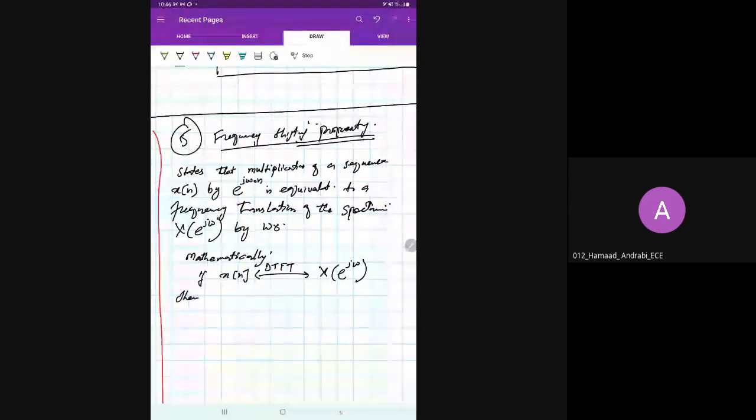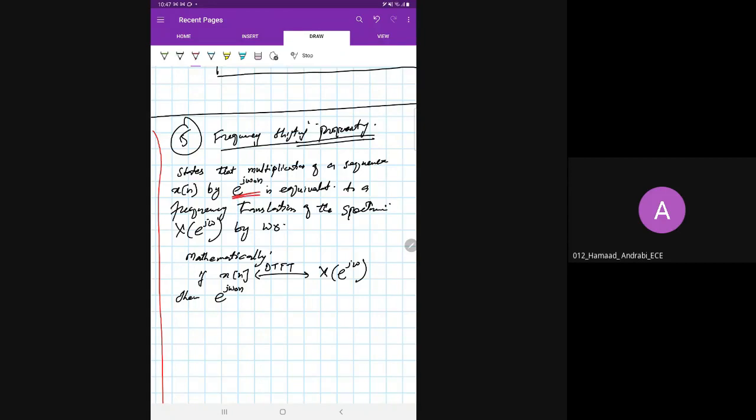Then if we multiply x of n by e raised to the power j omega naught n, which is to be multiplied with the input signal, then if we take the discrete time Fourier transform of that signal, its Fourier transform will be X of e raised to the power j, but it will be shifted: omega minus omega naught.